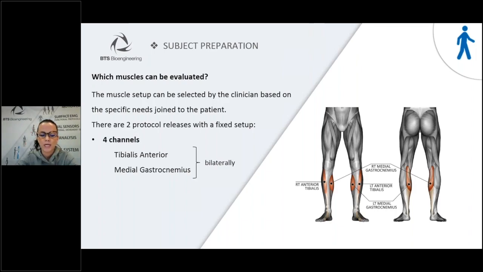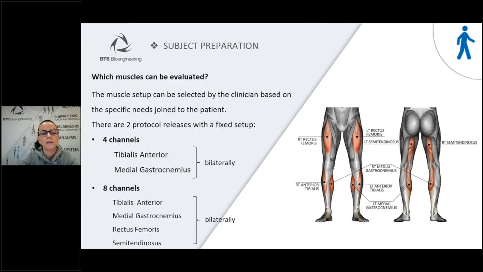With 4 channels, the analyzed muscles are tibialis anterior and medial gastrocnemius bilaterally. With 8 channels, in addition to the 2 previous muscles, the rectus femoris and the semitendinosus are added at the proximal level bilaterally.